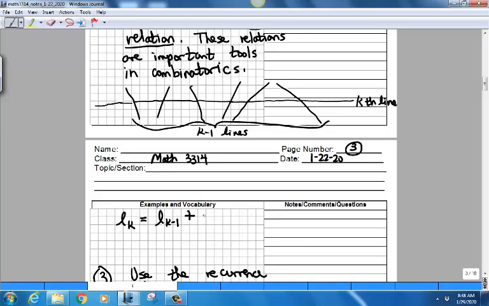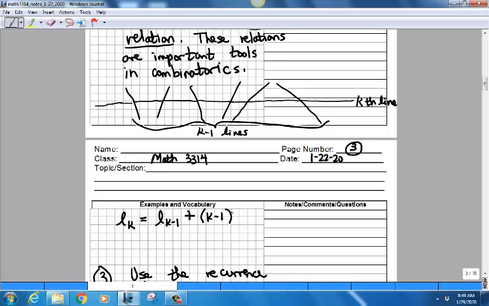How many new regions do I get? You get k minus 1, one for each of the previous lines, plus one extra. The region on the far right gets cut in two.